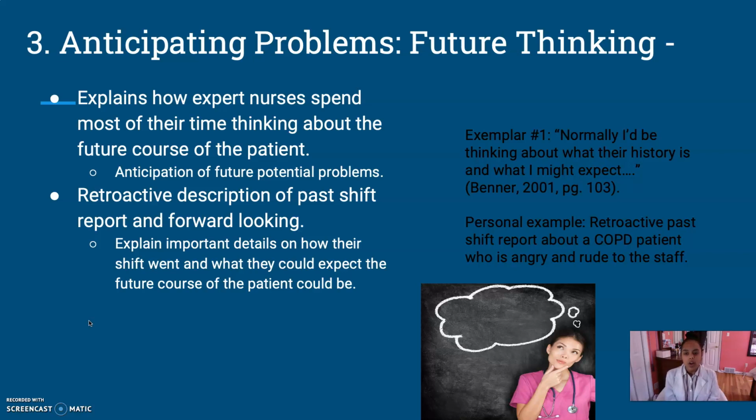So exemplar 1 on page 103 explains how an expert nurse thinks about a patient before she receives the patient. So before she gets report, she thinks about what kind of past medical history does the patient have? What kind of surgery is the patient going to receive?